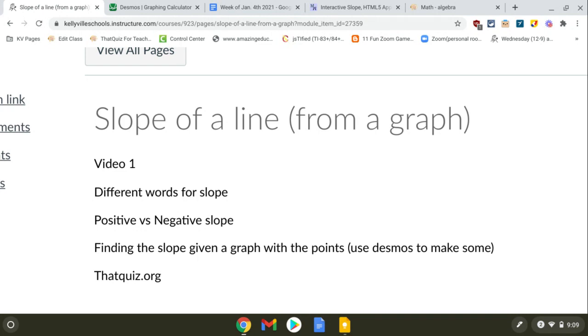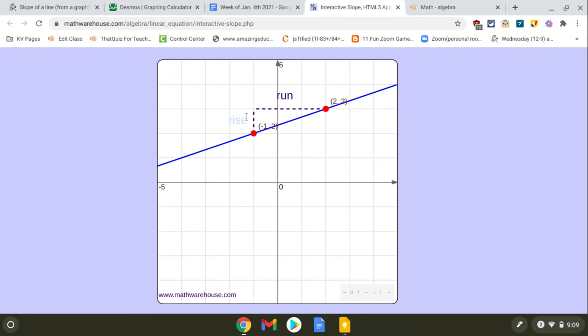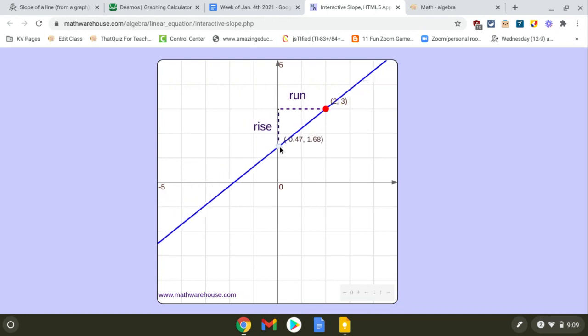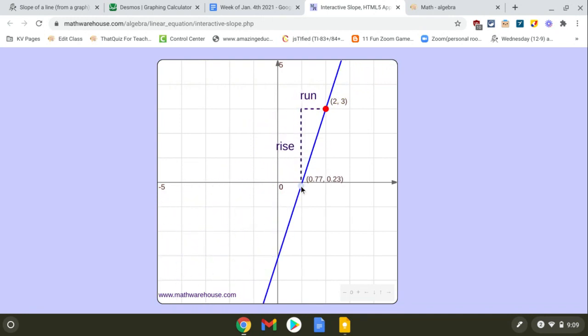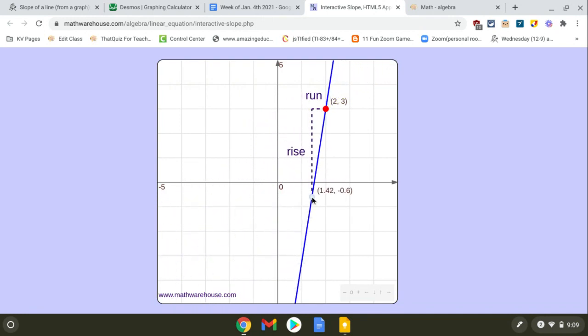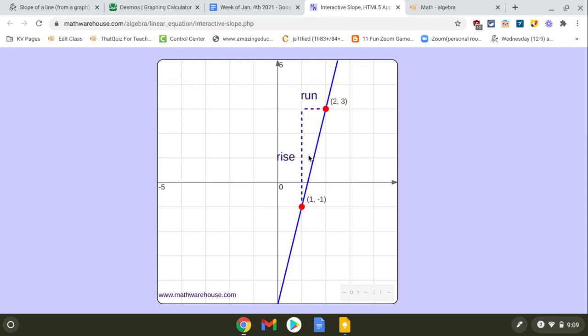As far as math goes, a lot of times they describe it as rise and run. So slope is basically a number that you use to describe how tilted a line is. Like this line is getting more and more tilted. Okay, it's rising a lot more than it's running.